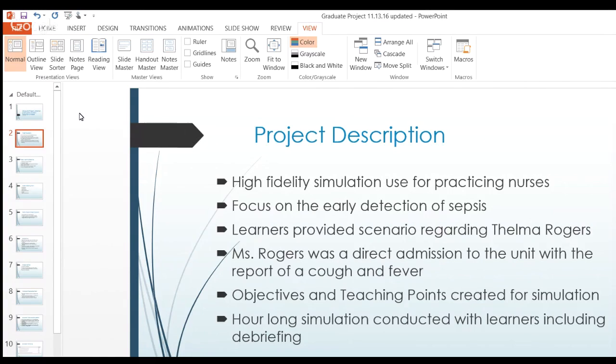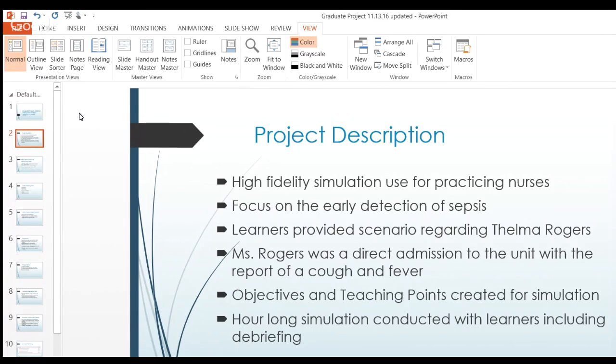In my particular graduate project, I created a scenario in which the patient was named Thelma Rogers. She actually met the SIRS criteria, and in addition to having pneumonia, which would be her infection, she met sepsis criteria. A simulation was created based on a patient that was septic, yet not in severe sepsis or septic shock.